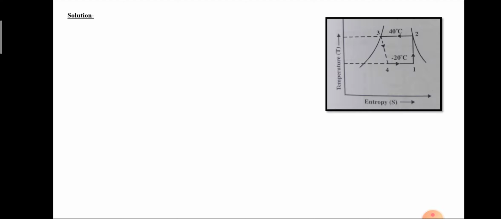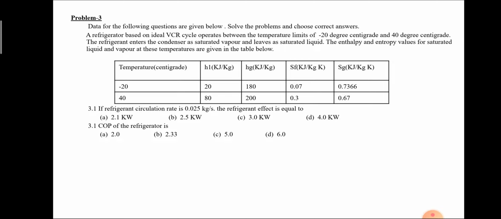Let's move to the solution. This is your temperature entropy curve. From point 1 to 2, this is your compression process in the compressor. Point 2 lies on the saturated vapor line, since the question itself says that the refrigerant enters the condenser as saturated vapor.